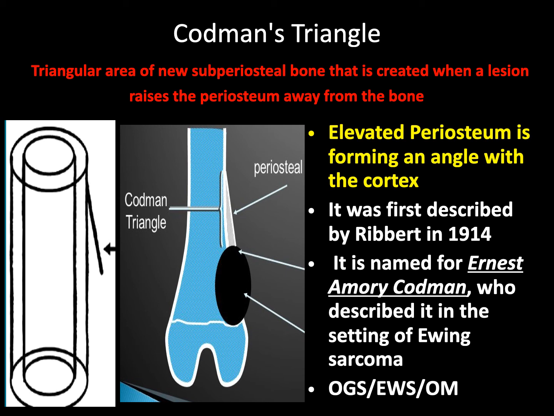Codman's triangle is a triangular area of new subperiosteal bone that is created when a lesion raises the periosteum away from the bone. Commonly it is seen in osteosarcoma, Ewing sarcoma, and some other lesions, like infective lesions such as osteomyelitis.